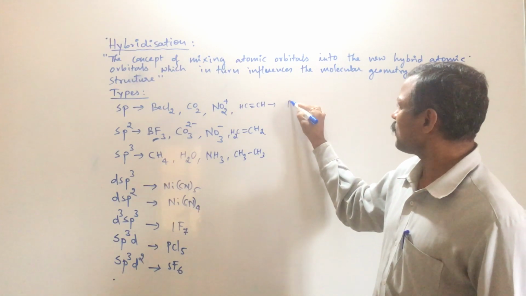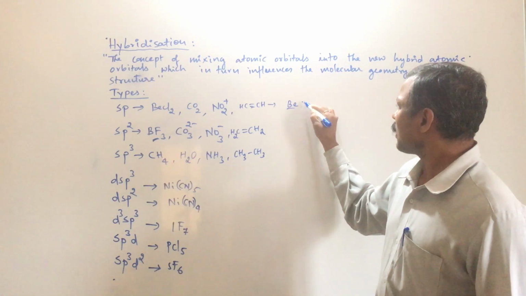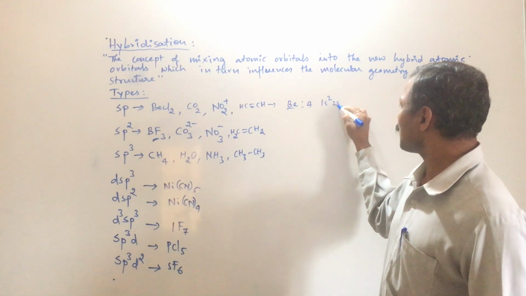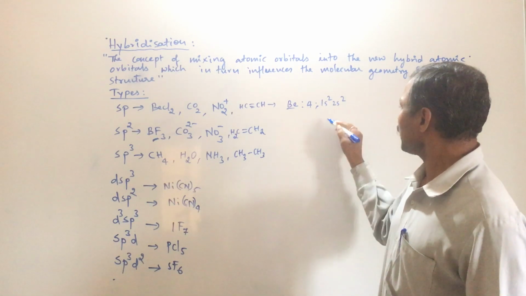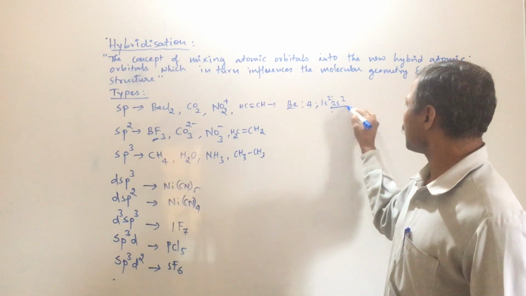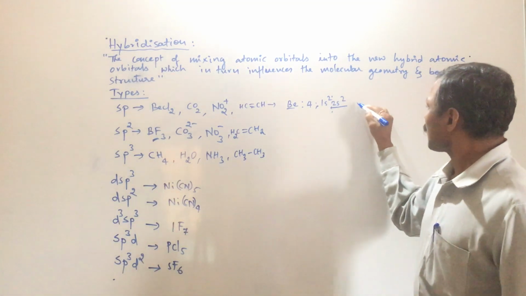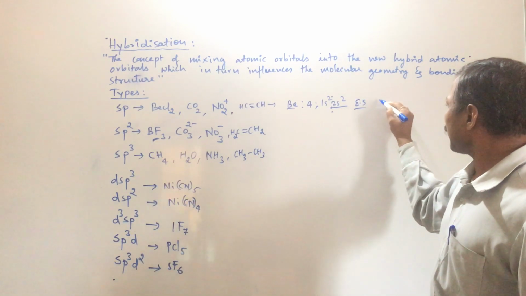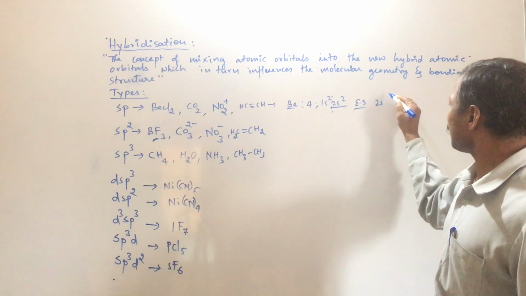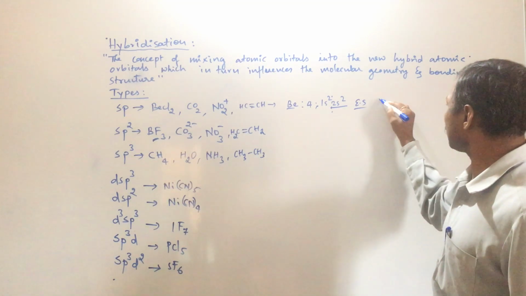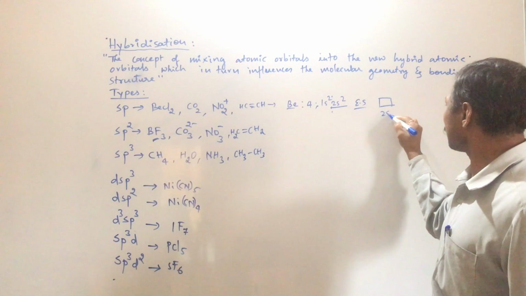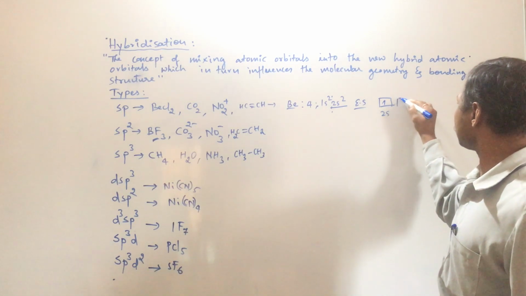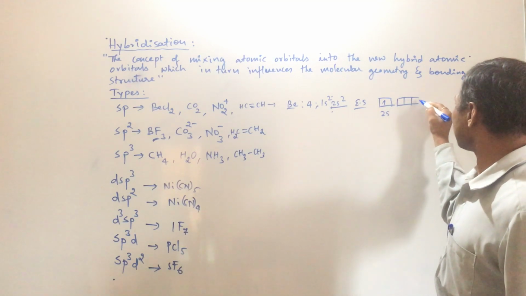In the first molecule, beryllium, the atomic number is 4 and the electron configuration is 1s2 2s2. Here the valence shell electron is 2s. In the excited state, of the 2 electrons in the 2s orbital, one electron will jump to the p orbital.